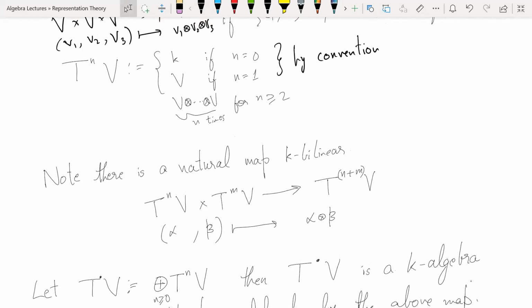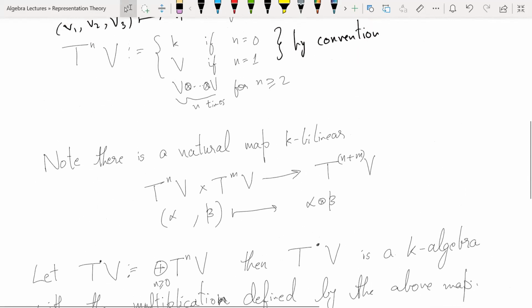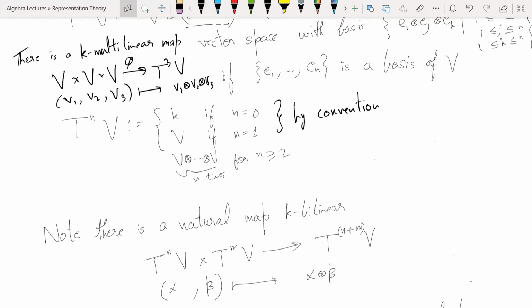As I said, giving a map from a tensor product is not an easy task, because in general it's not a free R-module.